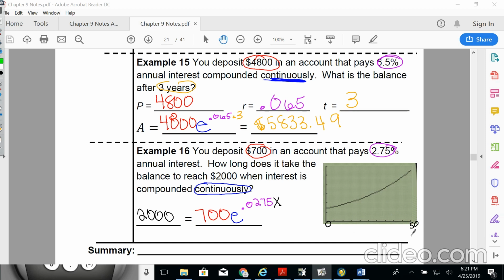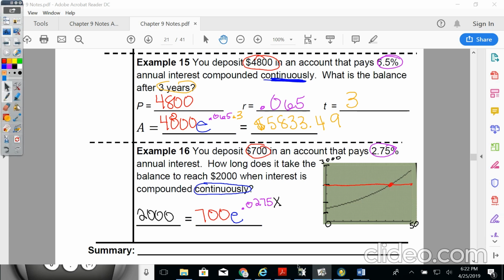It's going to take more than 10 years, so we need to make it a little bigger. This is my starting amount, 700, just above 500. This is 1,000, 2,000, 3,000. If we draw the horizontal line at 2,000, that's the point of intersection that I'm trying to find.